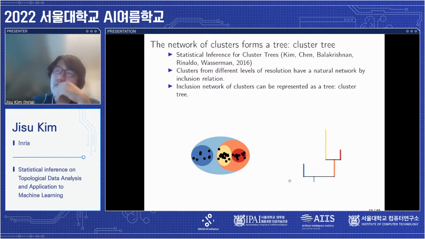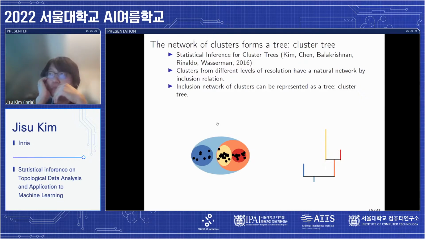And now, as you have seen, you can create cluster results from different resolutions. And then those clusters from the different levels of resolution have some natural inclusion relations. So this yellow cluster and red clusters are a subset of these orange clusters, and also all the smaller clusters are a subset of these sky blue clusters.